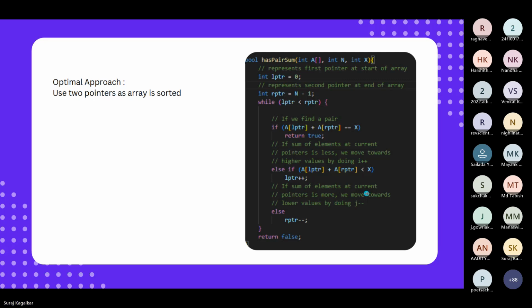Right. Could anyone tell me why we are doing left pointer is less than right pointer? Why not left pointer is less than or equal to right pointer?